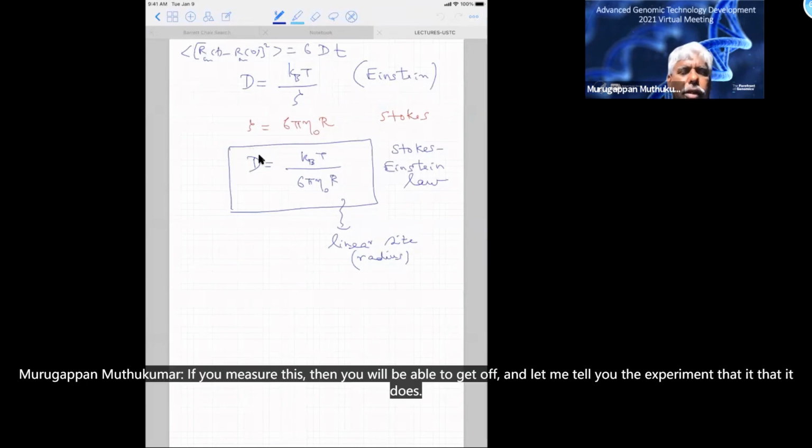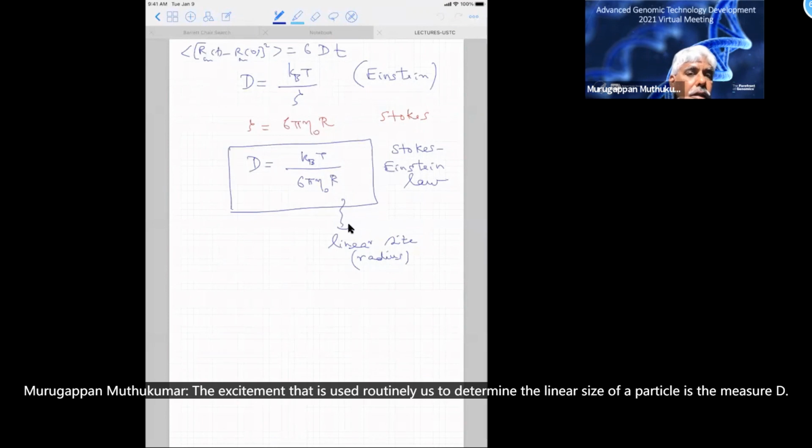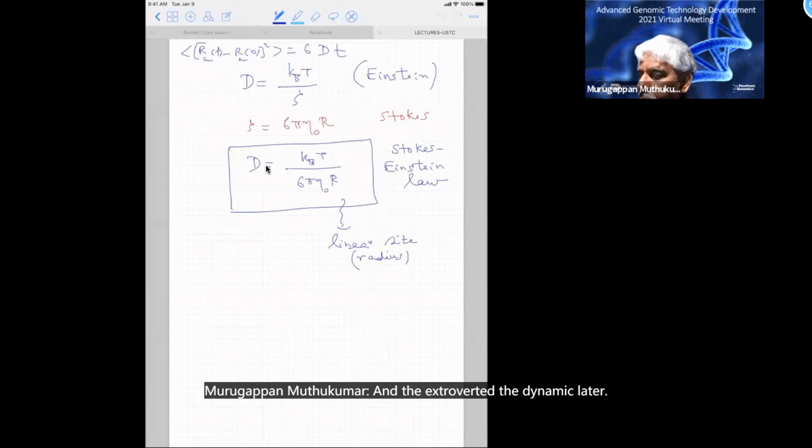If you measure D, you will be able to get R. The experiment routinely used to determine the linear size of a particle is dynamic light scattering.